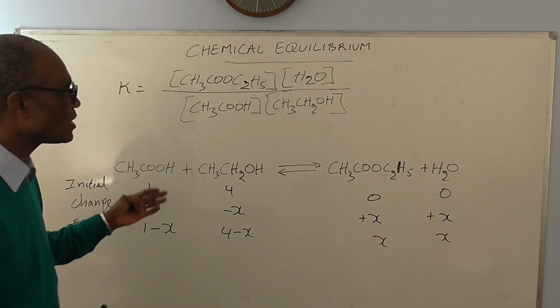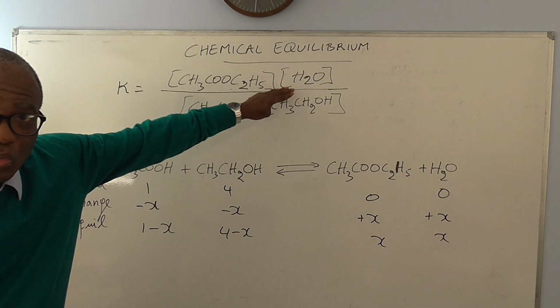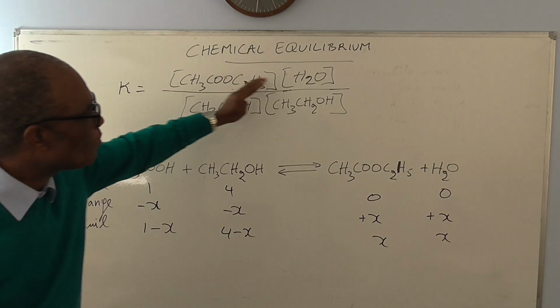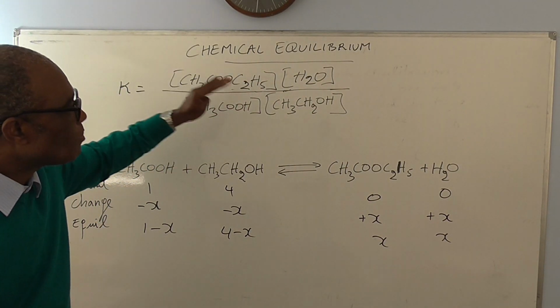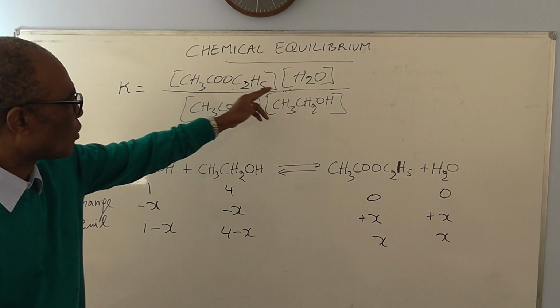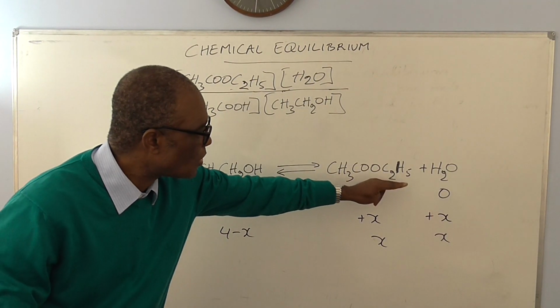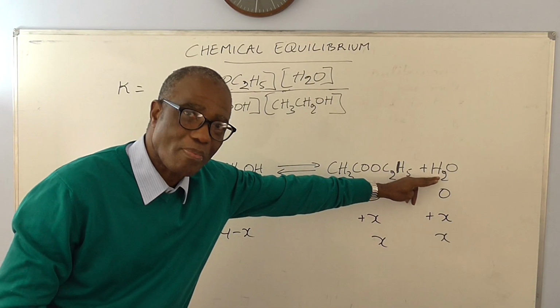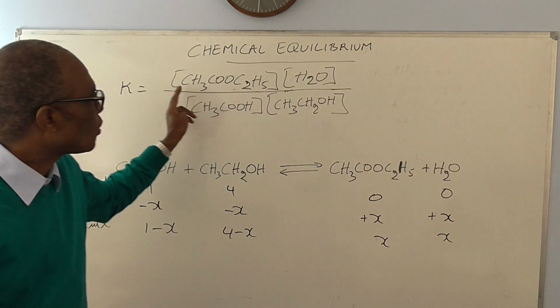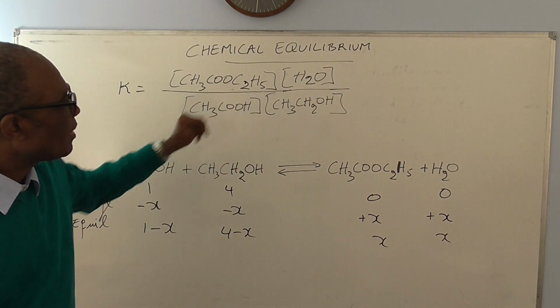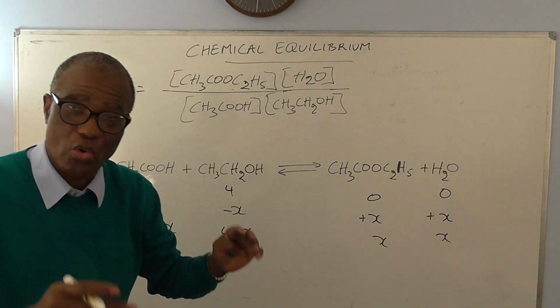As I already said, at the top we do the multiplication of the concentration of the products, because this is a product of the reaction, this is also a product of the reaction. So we put them in the square bracket.